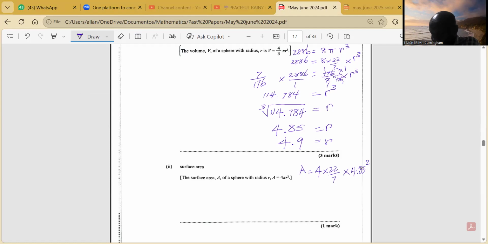I'm doing it now. 4.85 squared times 4 times pi. So you should get something like 295.71 cm squared.